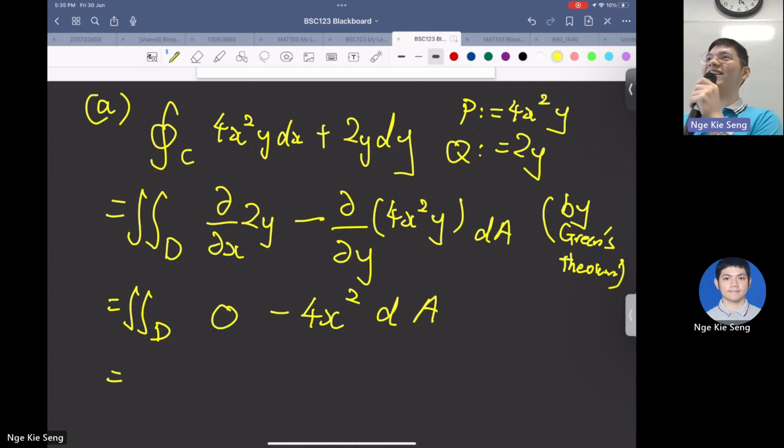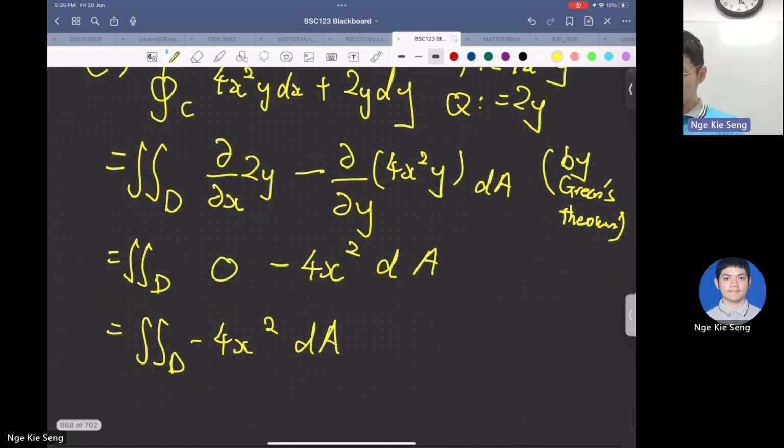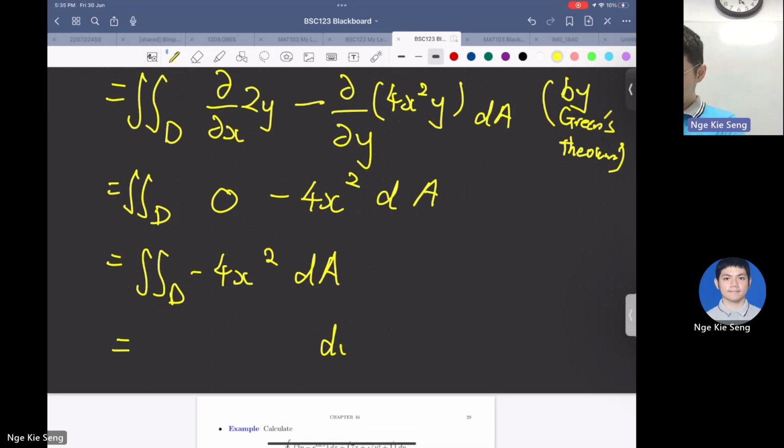Come do the double integral. How to do a double integral? What theorem? Fubini's theorem. So do you do dx dy or dy dx? dy dx. Correct, very good.